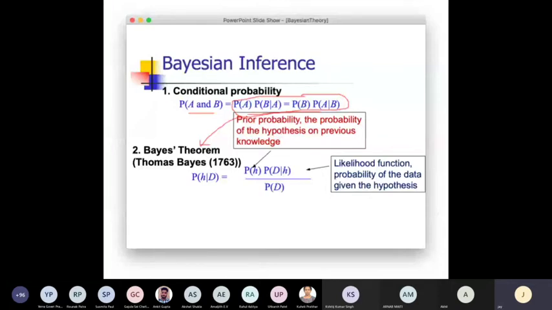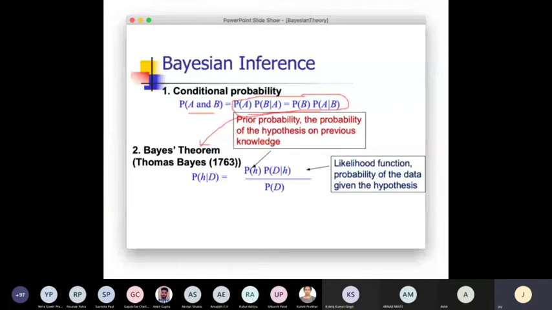So we call it the likelihood function, which has this probabilistic definition: the probability of that observation given the hypothesis. It's the same as if I ask what is the likelihood of that data. If I ask this question, you should understand the probabilistic implications behind it, which means we have to describe this probability. So this is the likelihood function.